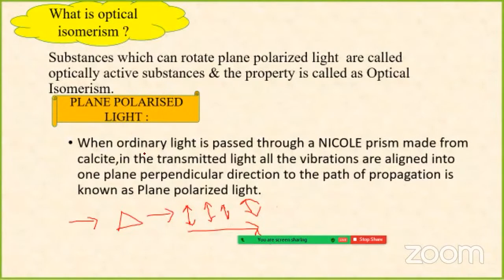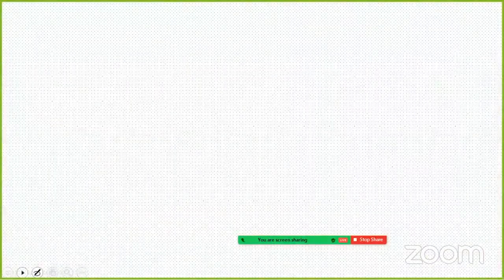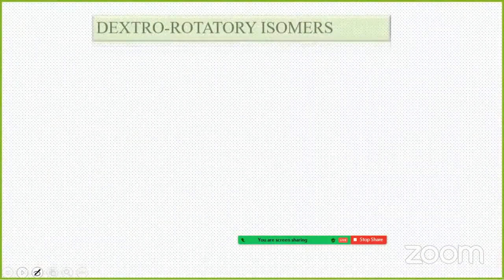That is known as plane polarized light. Now we'll see the dextro-rotatory isomers. Let us see the definition for dextro-rotatory.